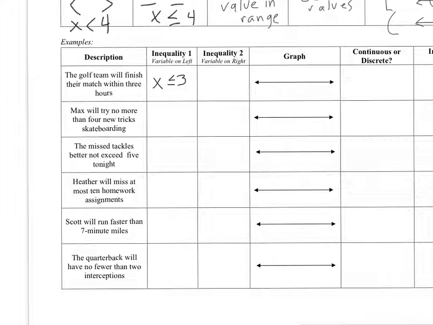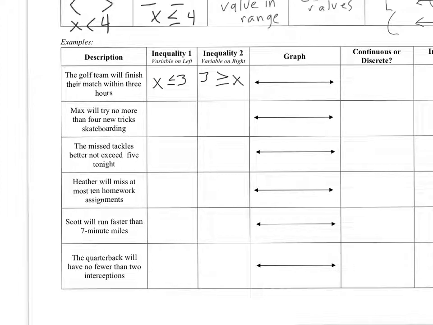Or I could switch and write the variable on the right, with 3 on the left, and the inequality symbol is going to change. I want you to be able to comfortably go back and forth with these two. Either case, 3 is greater than or equal to x, or x is less than or equal to 3.